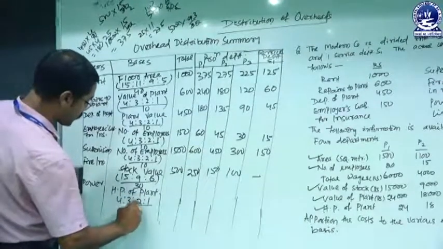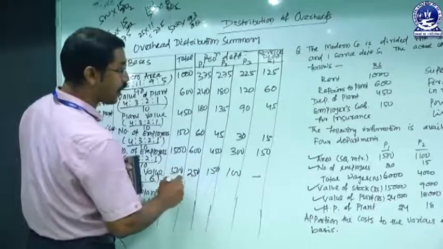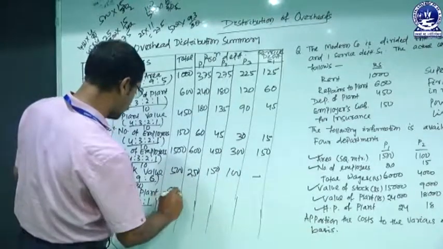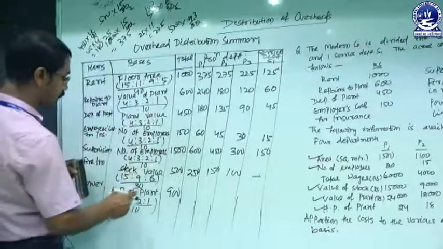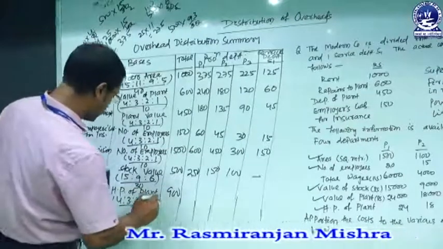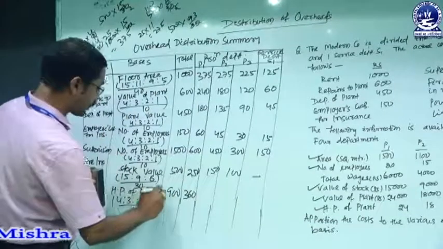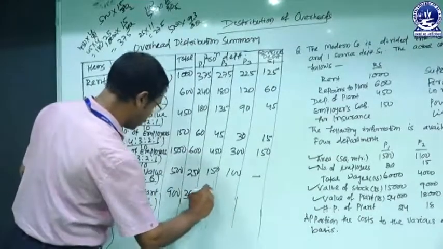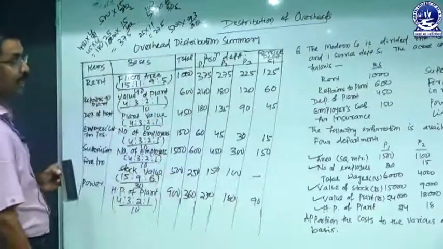The sum is 10. The amount of expenses relating to power is 900. So accordingly we have to divide it on different departments. P1 will get 900 into 4/10, that means 90 multiplied by 4, 360. 90 multiplied by 3, 270. Then 180. The S1 department will get 90.